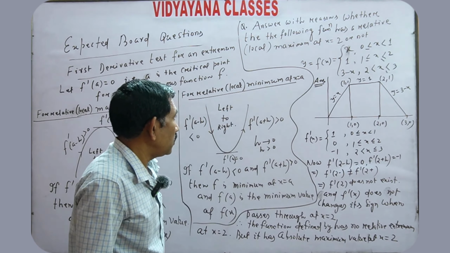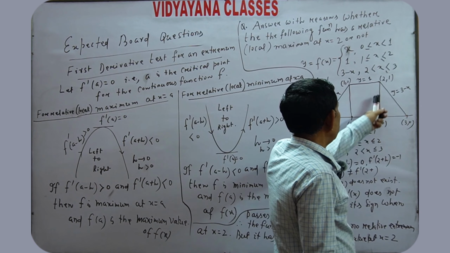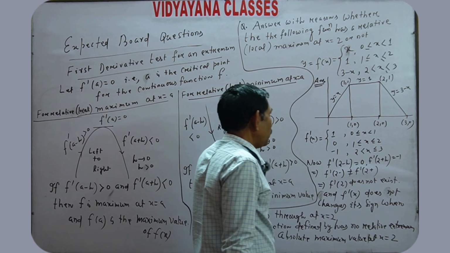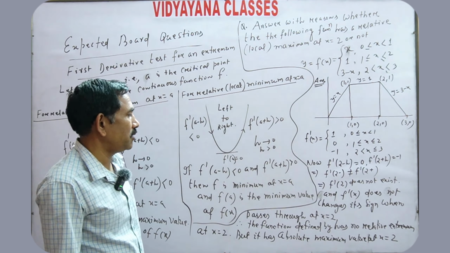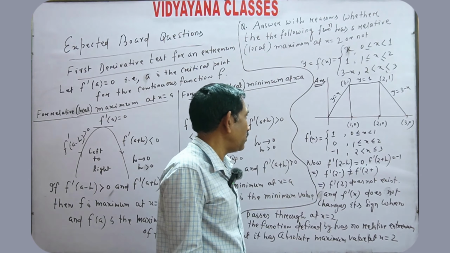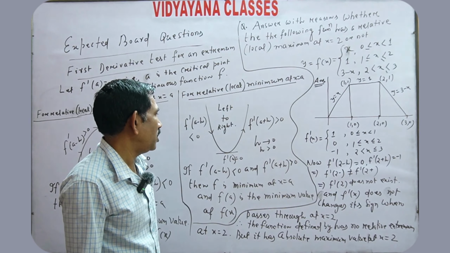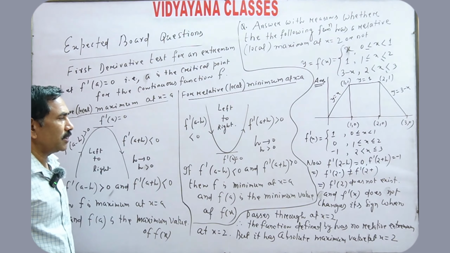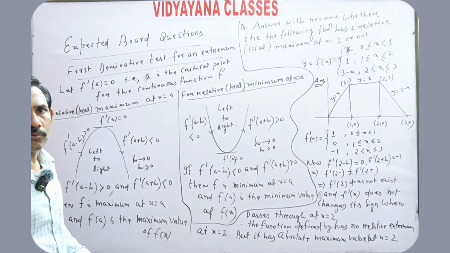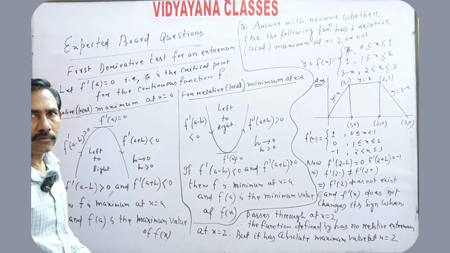Clear? Its maximum value is 1, but it has no relative extremum value. Extremum means either maximum or minimum. It has no extreme value at x = 2, since the derivative does not change its sign at x = 2. Clear? Okay.